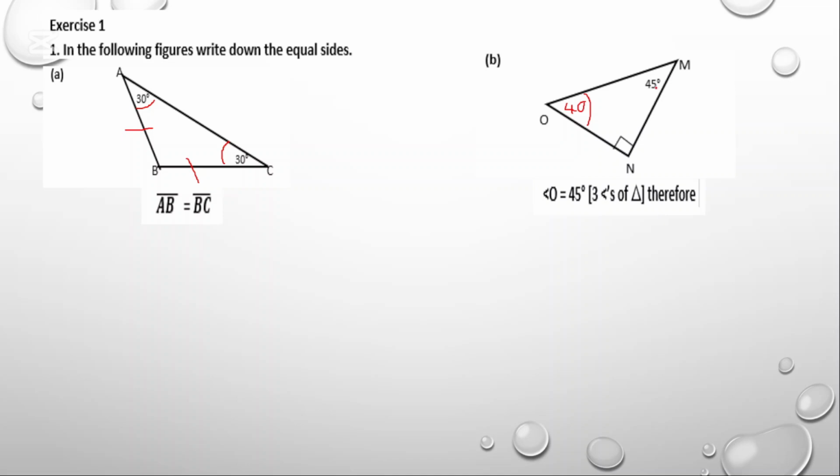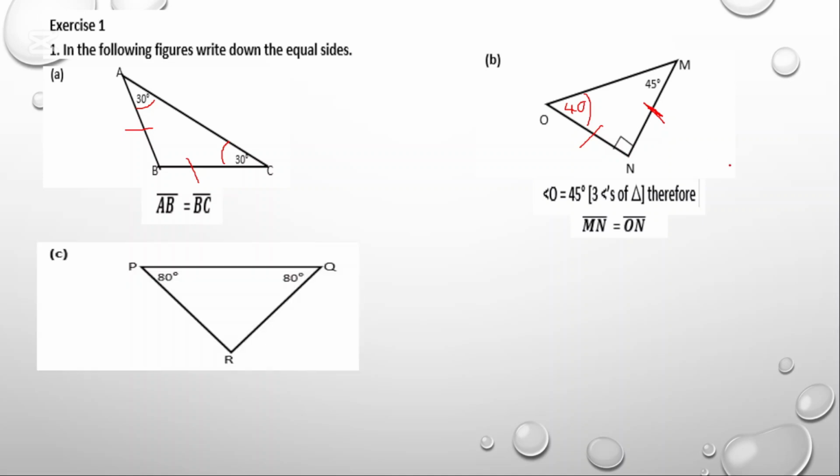Opposite this 45 is this side, because this side is not an arm of angle M. Opposite O is that side. This side, MN, is not an arm of angle O. It's opposite angle O. Therefore we can say now that MN over here is exactly the same as ON.